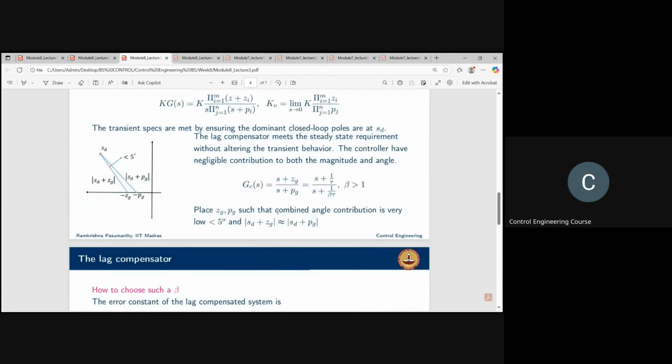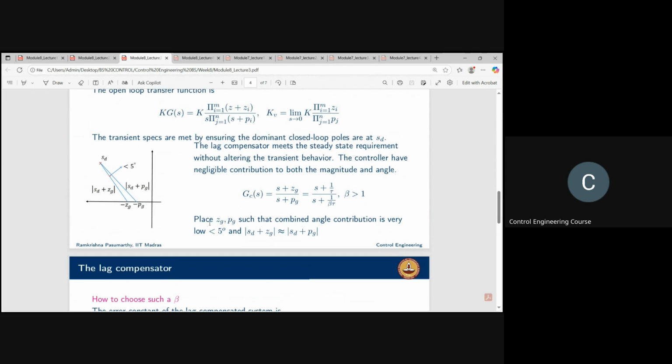Now the thing is, again the same logic. You find the angle deficit that you need. The thing is to place ZG and PG such that the combined angle contribution is very, very low. Do you get the logic here?